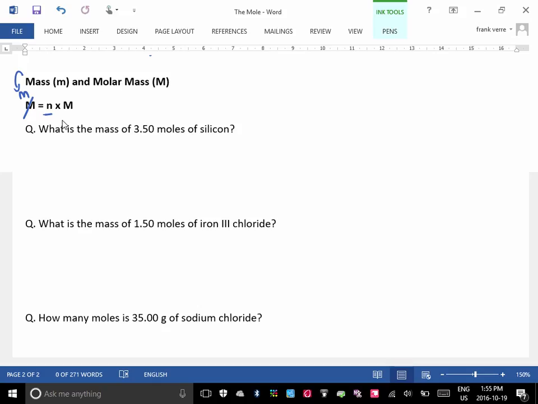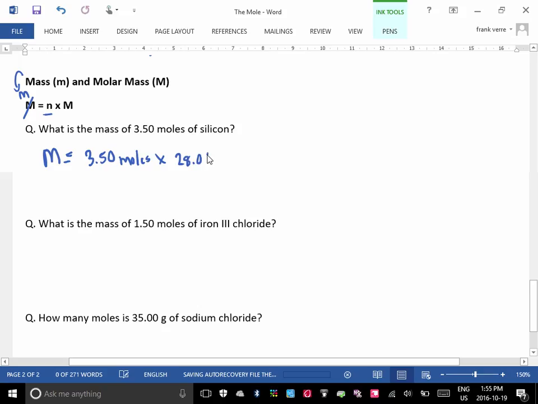So what would be the mass of 3.50 moles of silicon? So the mass would be little m. Little n would be what in this case? 3.50 moles. And what's big M in this case? Big M is the molar mass. So what's the molar mass of silicon? 28.09 grams per mole.